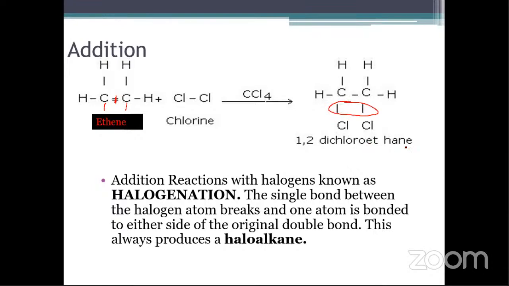That's an addition reaction. The double bond breaks, and then whatever it's reacting with is added on to the alkane. What is formed is called a haloalkane. Halo from halogen and alkane because the double bond is gone.